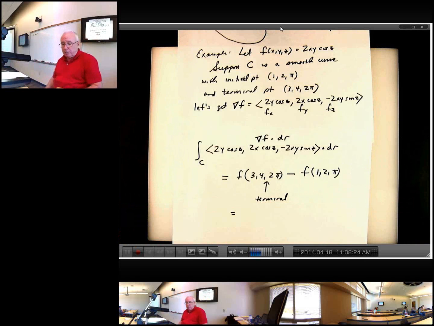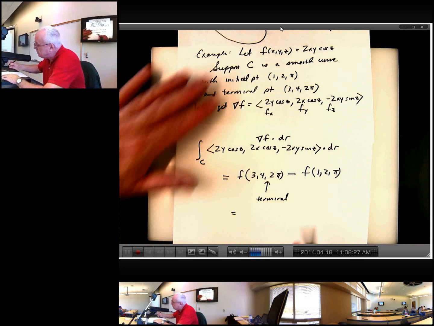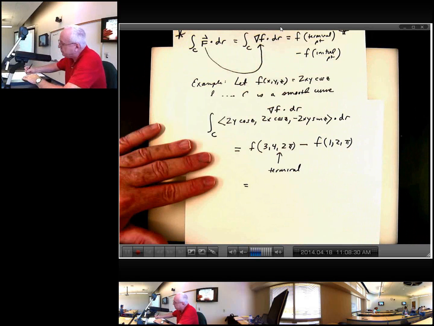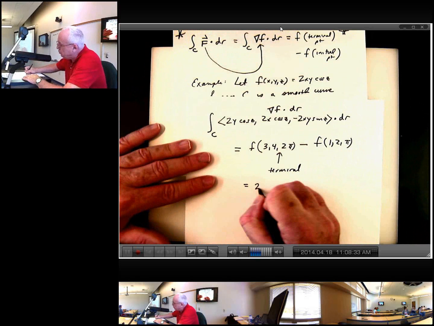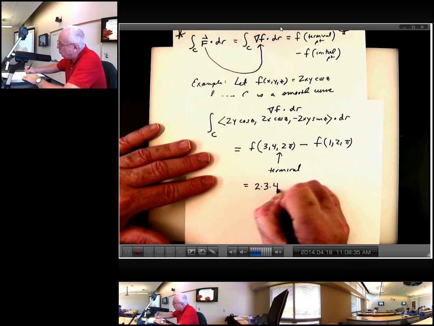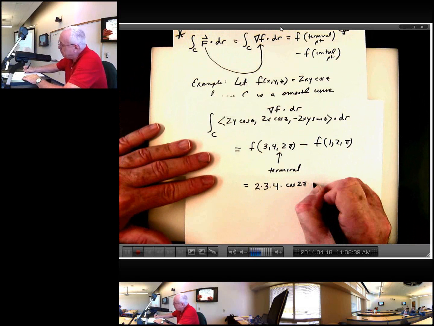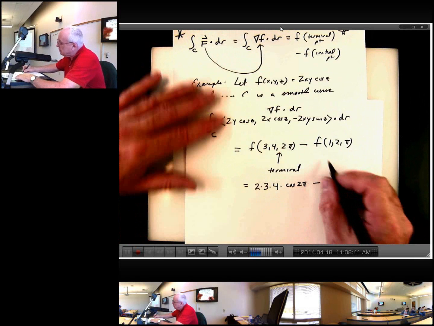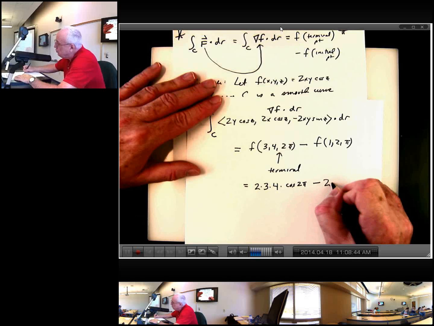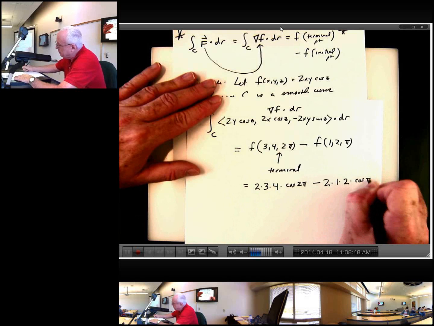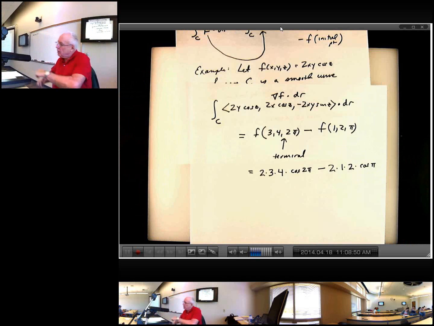So let's just plug this in. My function is 2xy cosine of z. So this is going to be 2 times 3 times 4 times the cosine of 2 pi, minus 2 times 1 times 2 times the cosine of pi, just plugging it in.